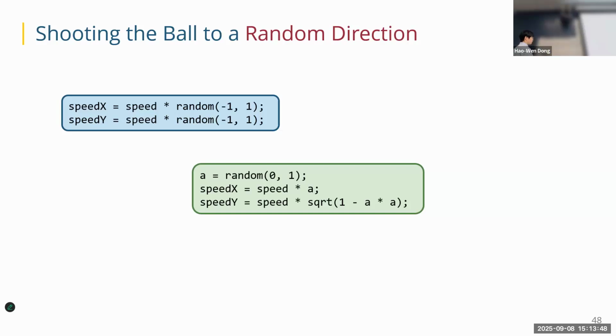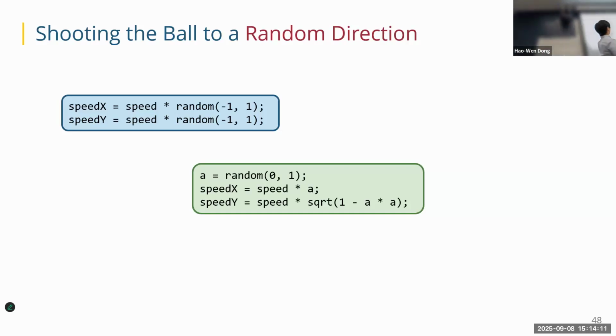And if you get a very small speed X and very small speed Y, then you get something like this. So the downside is that you cannot control the actual speed, because the combination of speed X and speed Y will get you something else.